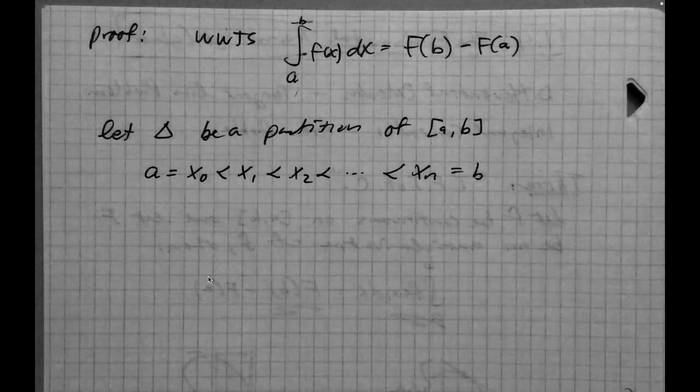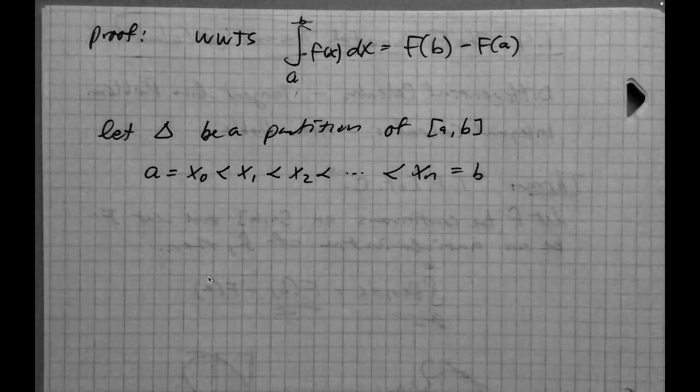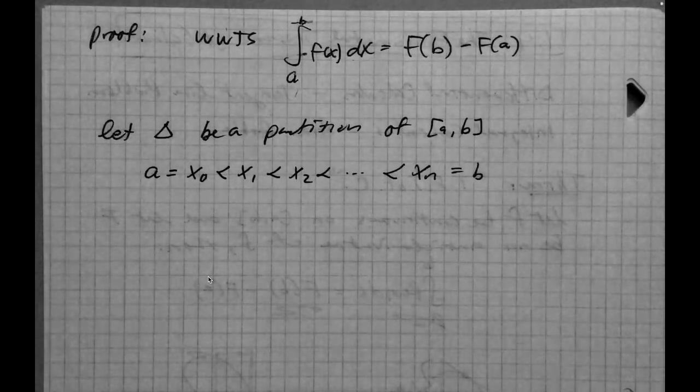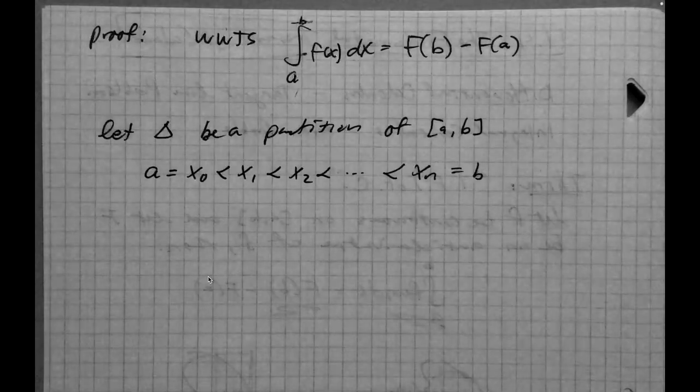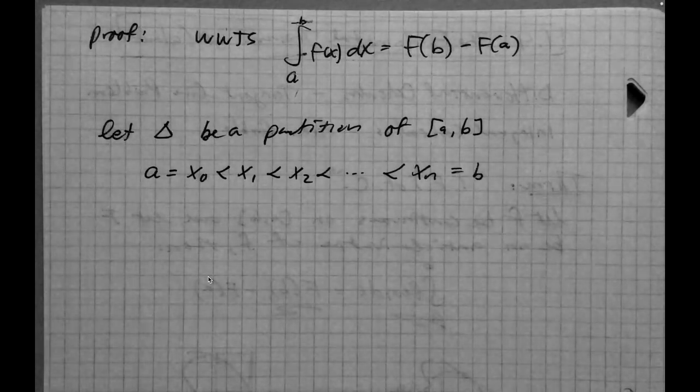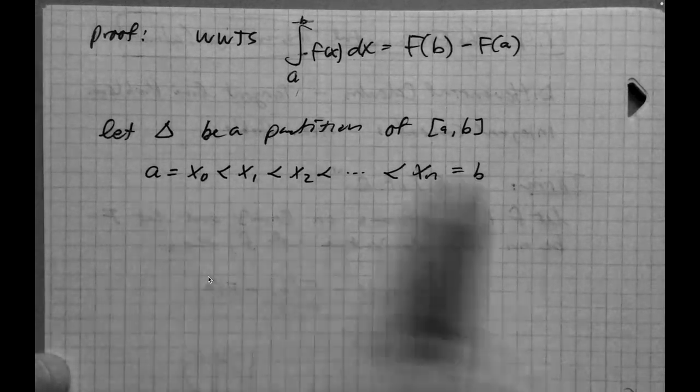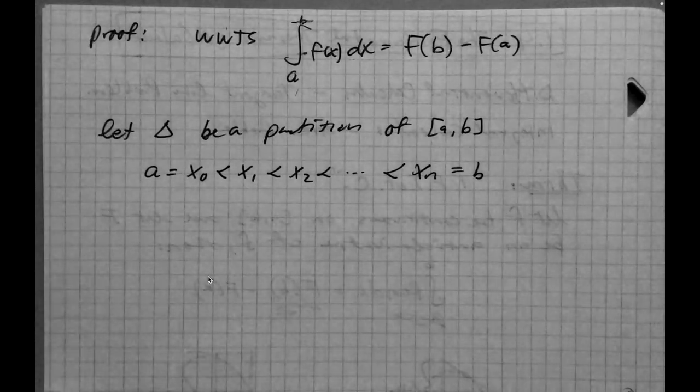Okay, so that's the partition delta. Now, of course, since integrals are involved, we're going to end up taking the limit as the norm of this partition goes to 0, but we're not there yet. So we're just going to start by writing it out and knowing that we're dealing with a partition.